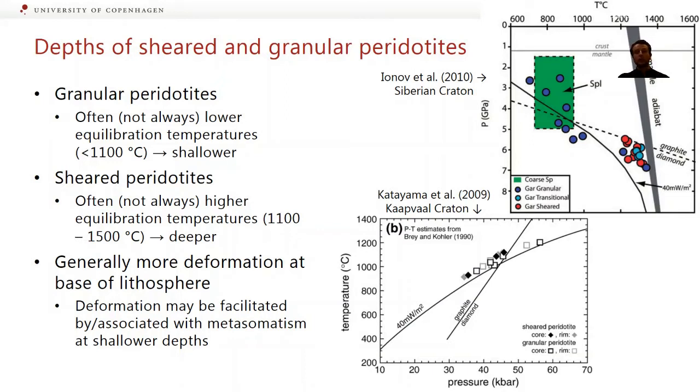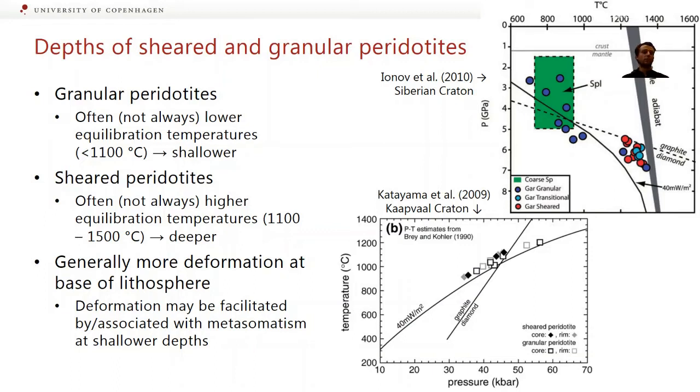As I mentioned, it's not always the case. The figure below is from Katayama et al., and that's from the Kaapvaal Craton. Here you can see the sheared peridotites, which are the diamond symbols, and the granular peridotites, the square symbols, overlap quite closely. The way this is usually interpreted, the fact that you get sheared near the base and granular further up, is that you might have more deformation near the base of the lithosphere.